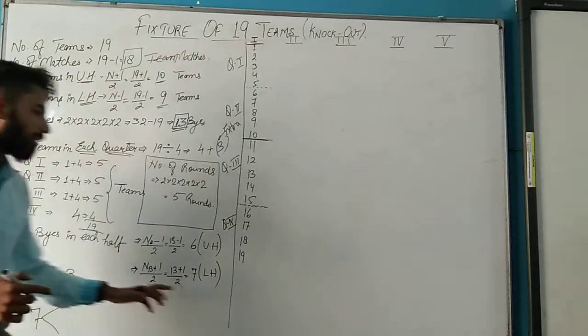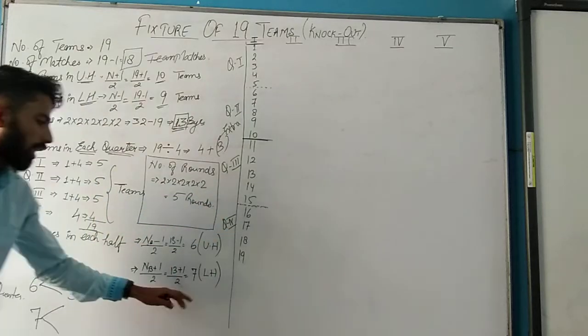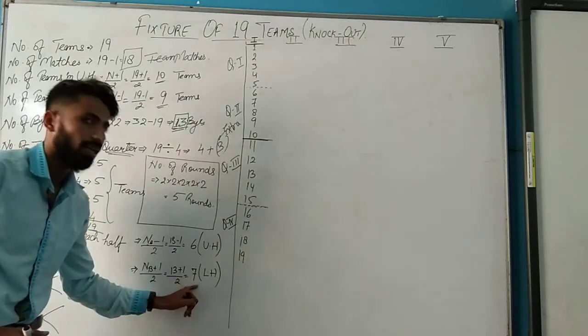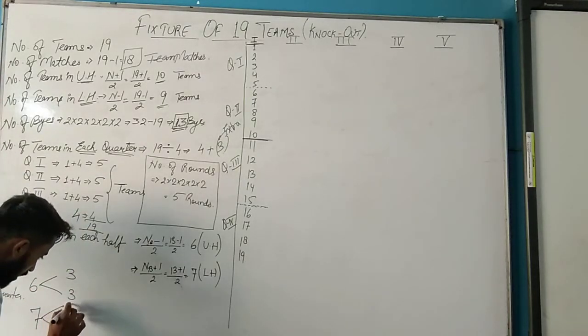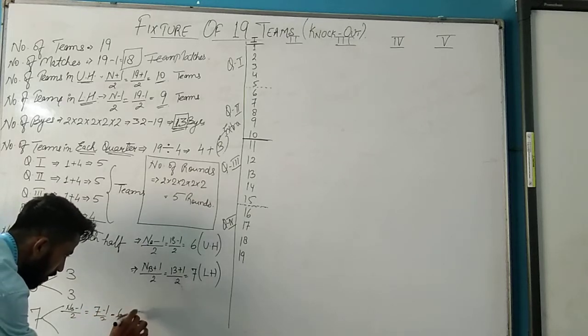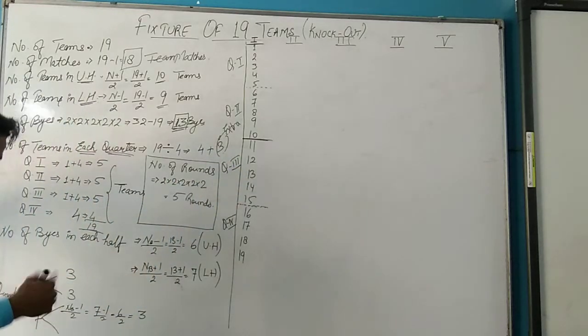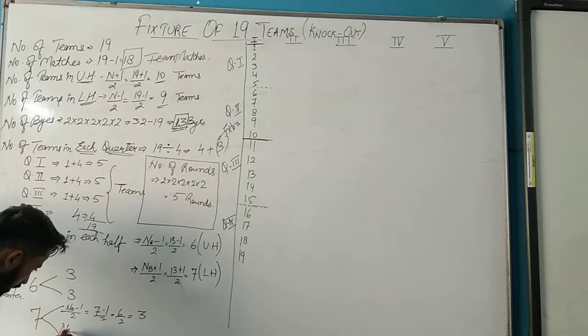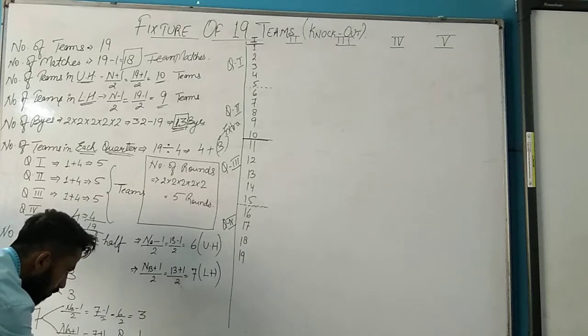But if the number of byes are given in second quarter or third quarter and fourth quarter, then what will happen? The number of byes are 7, that is odd. So apply the same formula, that is NB minus 1 upon 2, that is 7 minus 1 upon 2, that will be 6 by 2, means 3 byes in quarter number 3, and the remaining formula, that is NB plus 1 upon 2, that is 7 plus 1 upon 2, means 8 by 2 goes to 4 byes.